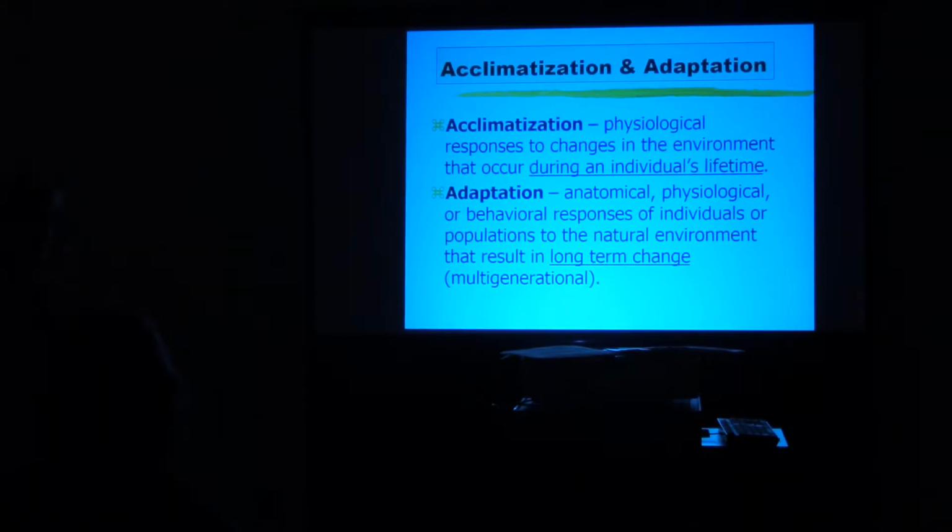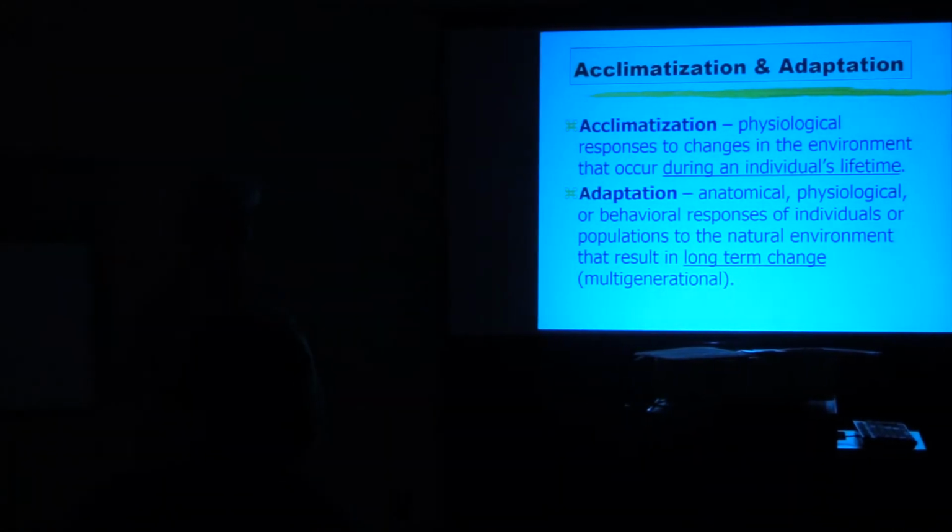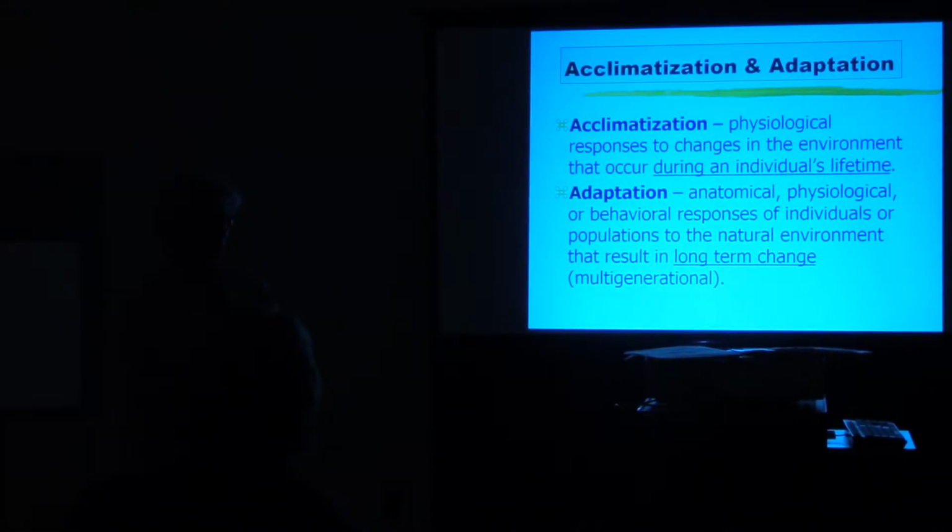But what is a tan? What is your body trying to do? Your body's kicking into gear, trying to produce more pigment to protect your skin cells from the harmful effects of ultraviolet radiation. So in other words, a tan means, look at me, I'm pretty stupid. I went out and exposed my body to ultraviolet radiation and damaged my cells. But you don't keep a tan. It goes away. That's an acclimatization.